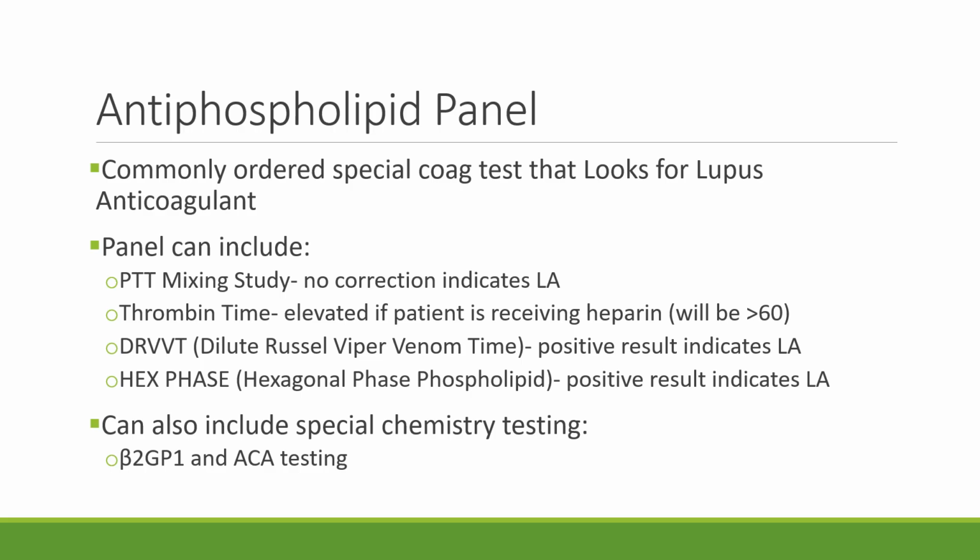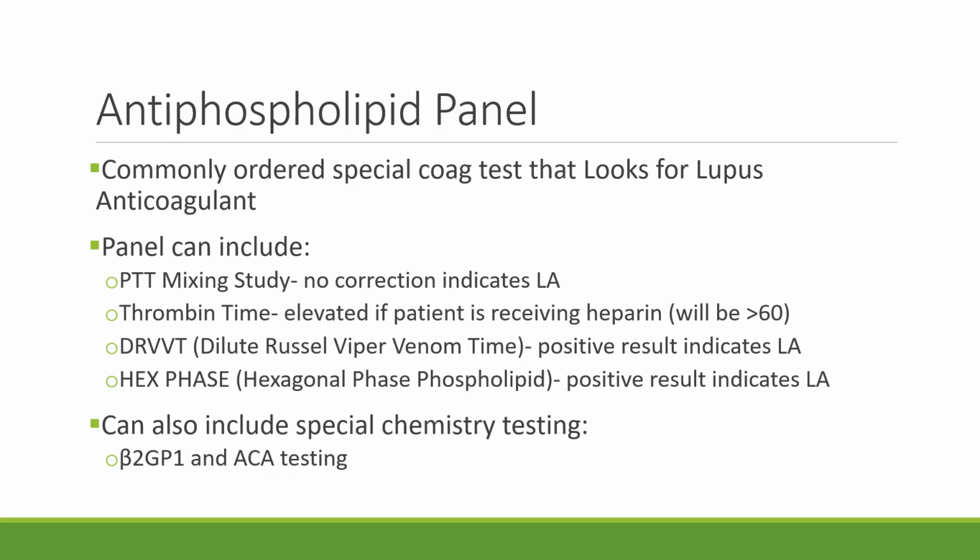Our DRVVT, our dilute Russell viper venom time, will be a positive result. In order to have a positive result, we have to have a ratio of greater than or equal to 1.24. Anything less than 1.24 would be considered negative.